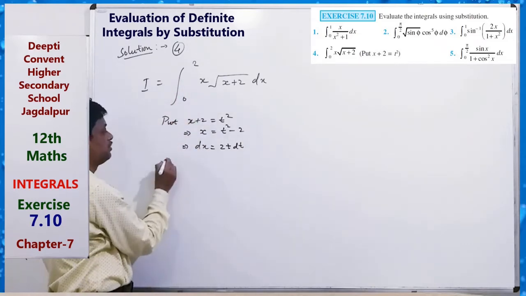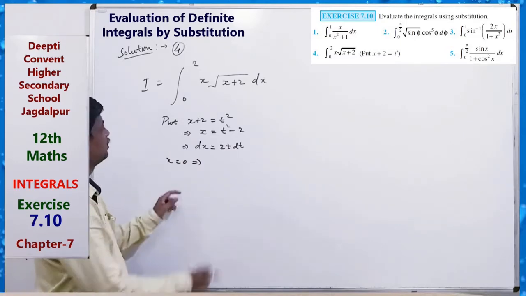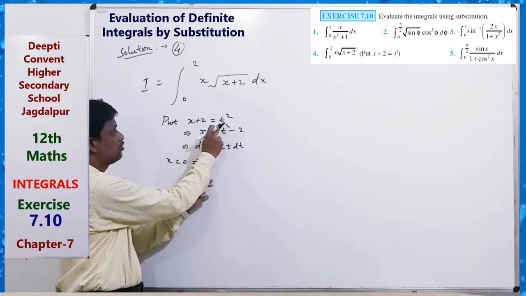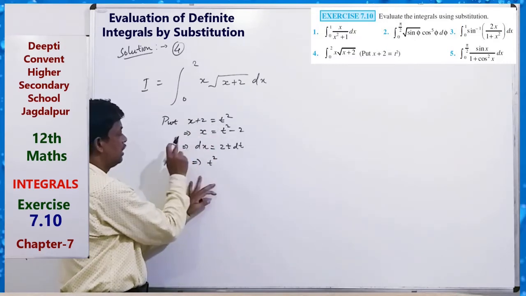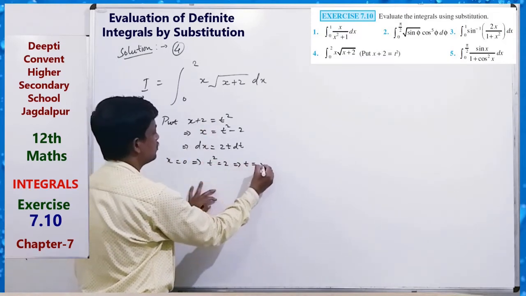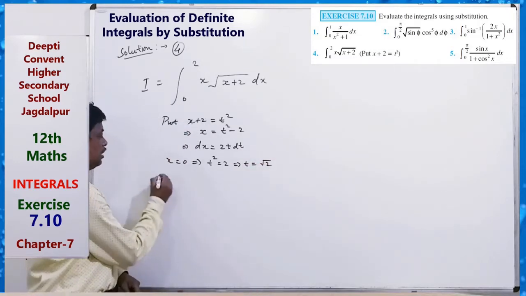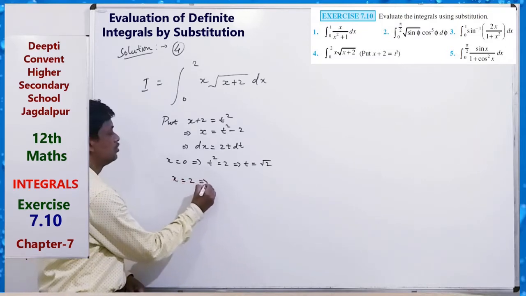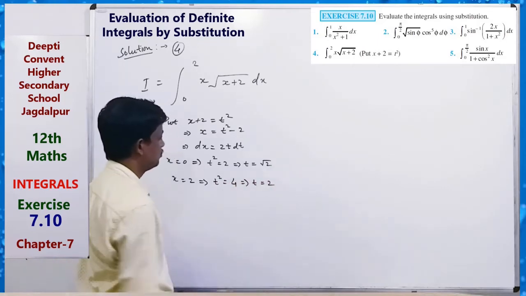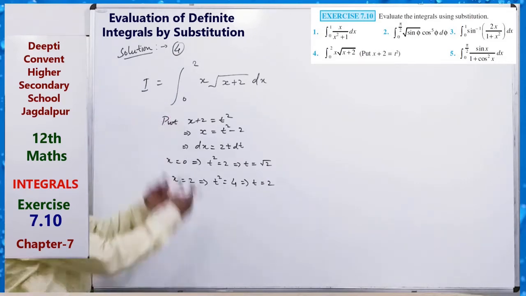And also the limit: for x equals 0, t square equals 2, means t equals root 2. And for x equals 2, t square equals 4, t equals 2, taking the positive sign. So the new limit is root 2 to 2. Then you can solve it.